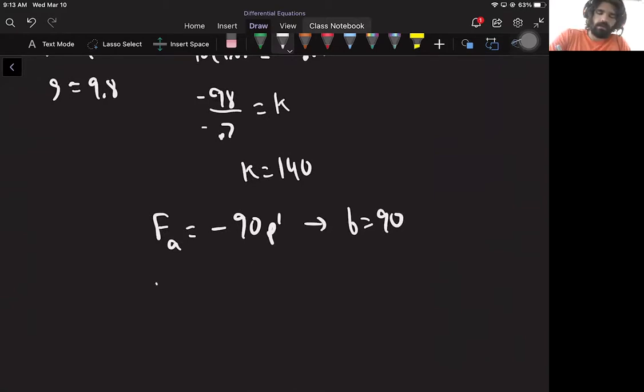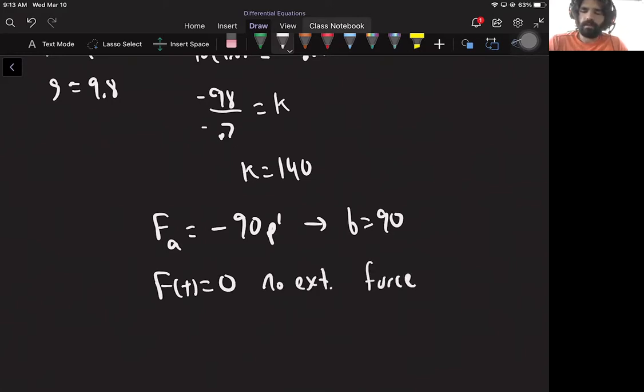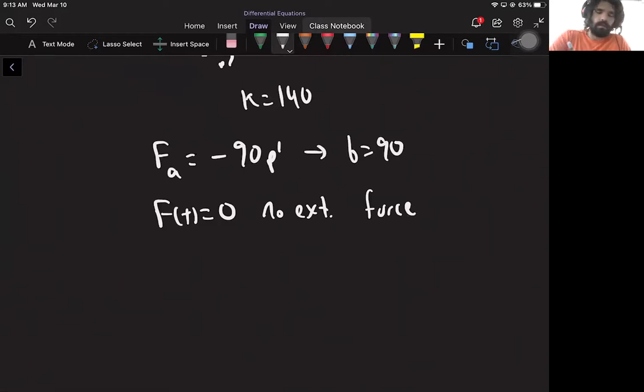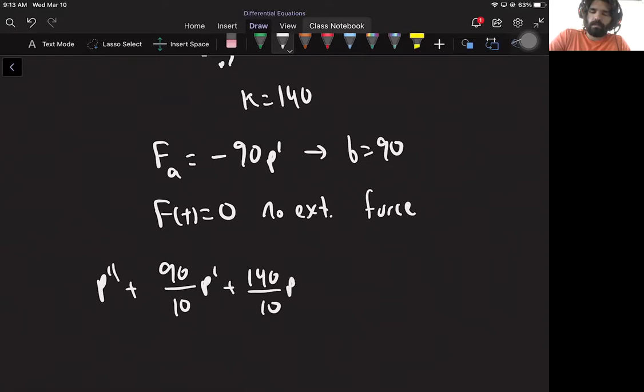Okay, and then there's still no external force mentioned, so that's still going to be 0, one step at a time. So all of this is just to set up the differential equation. So now it's going to be P double prime plus 90 over 10, which is B over M, plus K, which we just figured out is 140 over 10, the mass, equals the external force, so that's 0.